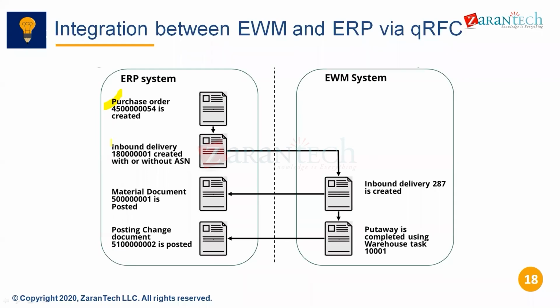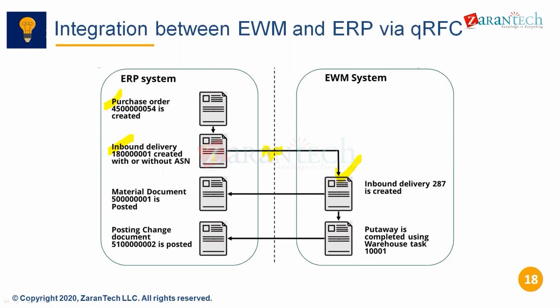As soon as the inbound delivery is created, it gets distributed to EWM, and another inbound delivery is created on the EWM side. The number of the inbound delivery can be the same or it can be different. So basically this integration point we have to set up.